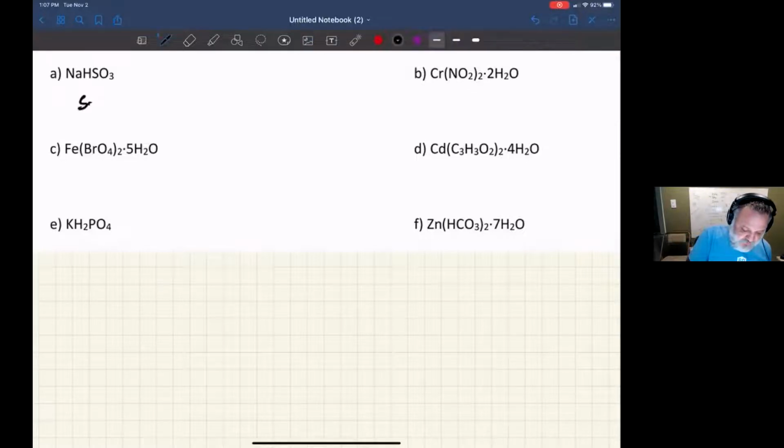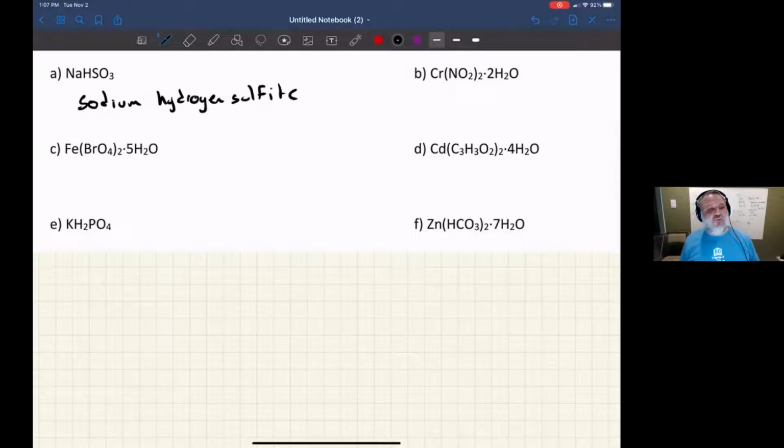So I would have sodium, hydrogen, sulfite. That's all there is to it when it comes to acid anions. If you know that SO3 is sulfite, you know that there's one hydrogen, so it's hydrogen sulfite.